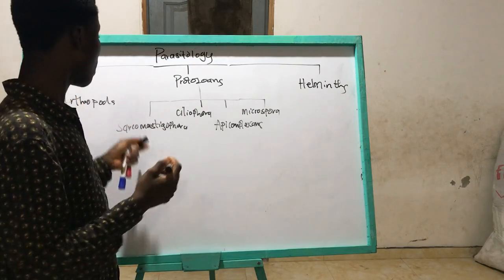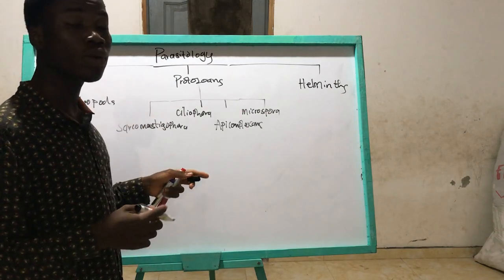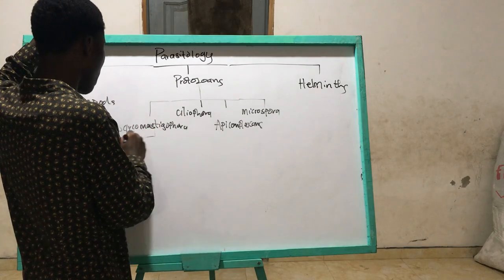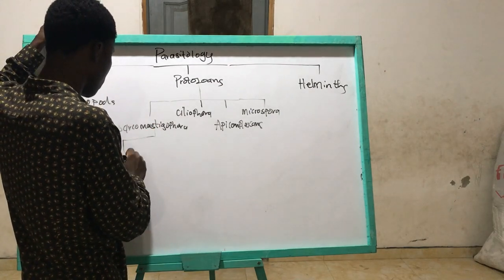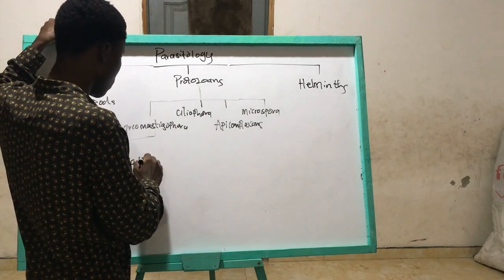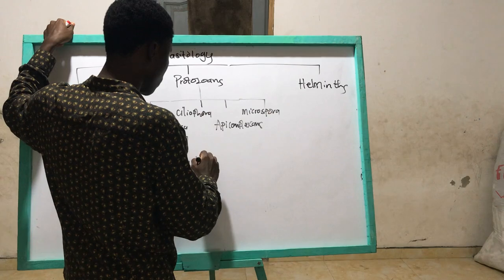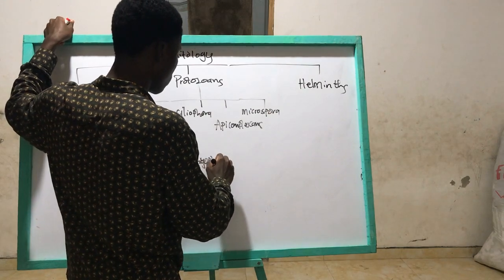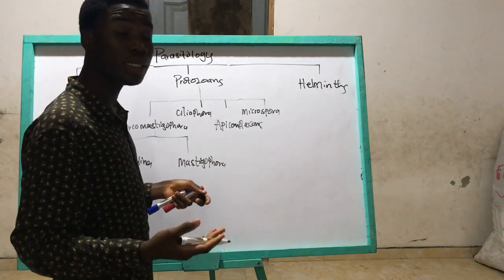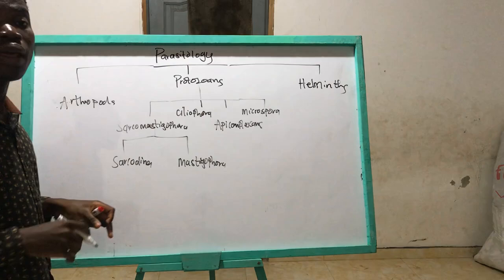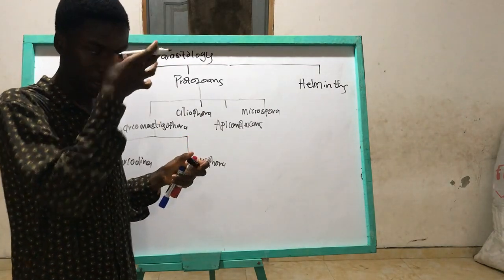Then under Sarcomastigophora, we also have two main divisions. We have the Sarcodina, then we have the Mastigophora. Now, Sarcodinas are actually amoebas.